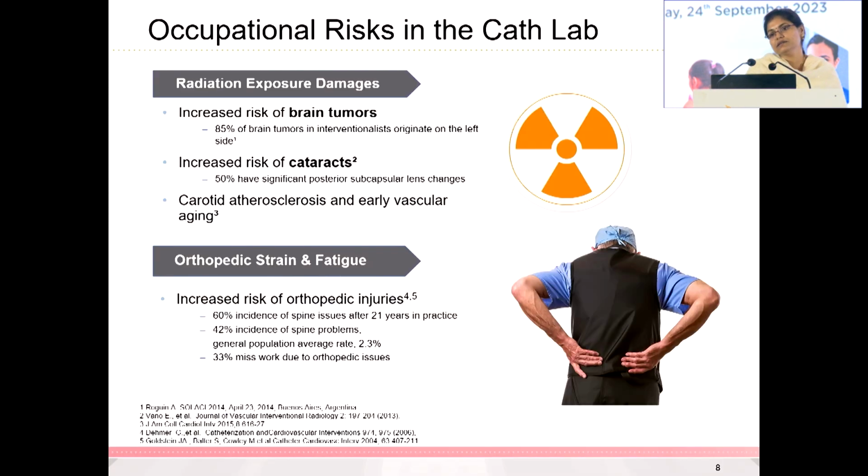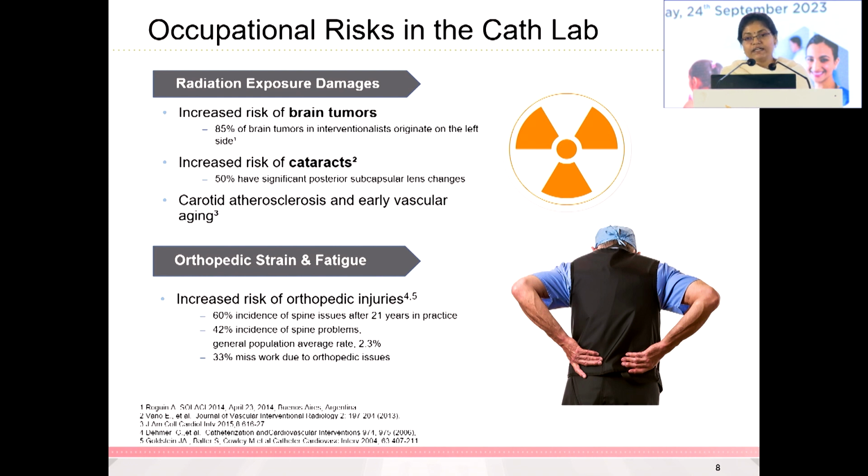So mainly, the aim of this robotic system is to combat the occupational hazards associated with radiation. So radiation exposure damages are the following: increased risk of brain tumors. Interventionalists have an increased risk of developing left-sided brain tumors and an increased risk of premature cataracts.